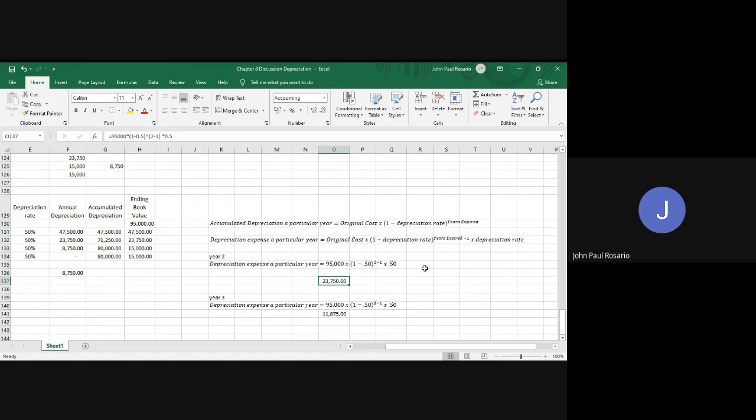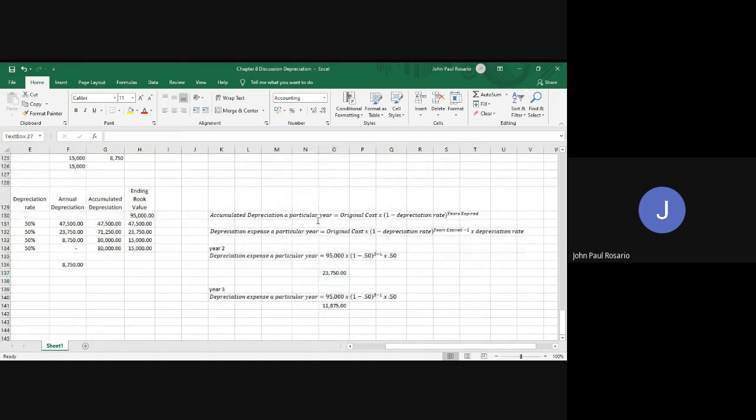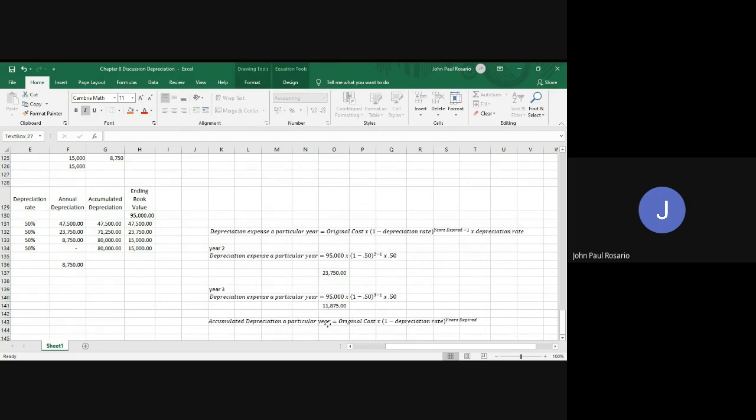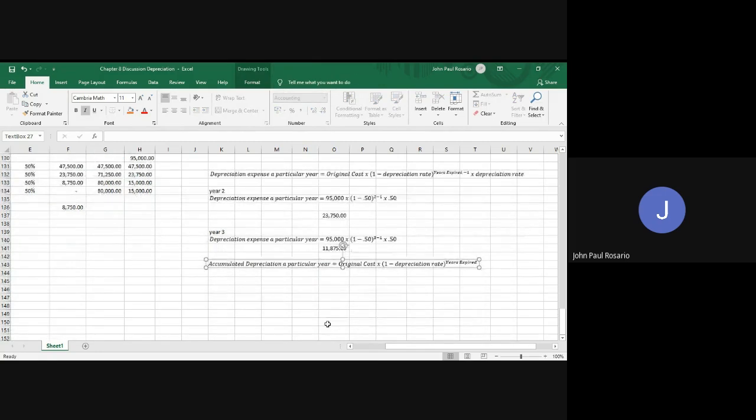Now, in order to check if your answer is correct pa ba, if no need to adjust ba, you'll need to know the accumulated depreciation of a particular year. So, original cost times 1 minus depreciation rate raised to the power of years expired. So hanggang dyan lang.